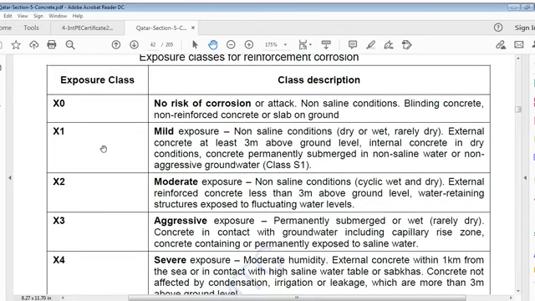Now X1. X1 is mild exposure, non-saline conditions, dry or wet, rarely dry. External concrete at least 3 meters above ground level. Internal concrete in dry conditions, concrete permanently submerged in non-saline water or non-aggressive groundwater, class S1.